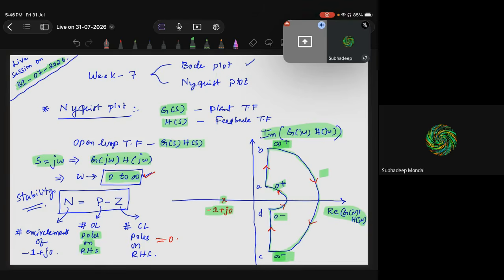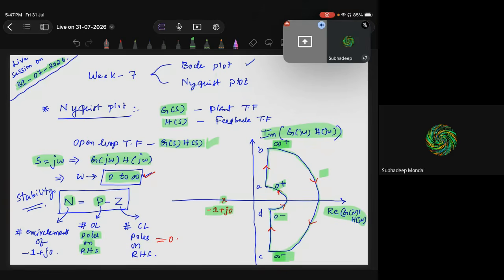Here, the point is outside. But for the problems which we take, we'll see whether the point is inside or not. So we will check whether the -1 plus j0 point is inside or outside. If it is inside, we will check how many times the curve encircles that point, which is N. Then we have P, which is from the open loop transfer function.